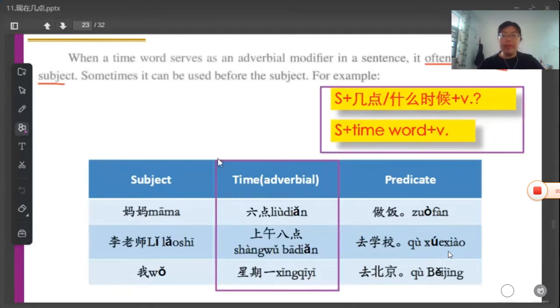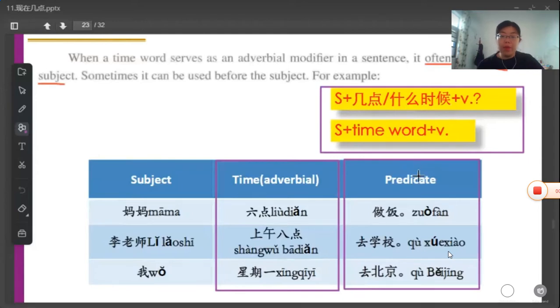Let's see these rules. Subject plus 几点 or 什么时候 plus verb. And the answer, we must follow subject plus the time word plus the verb. The predicate points to the verb, such as 做饭, 做 means do. 去学校, 去 means go. 去北京 also means go.